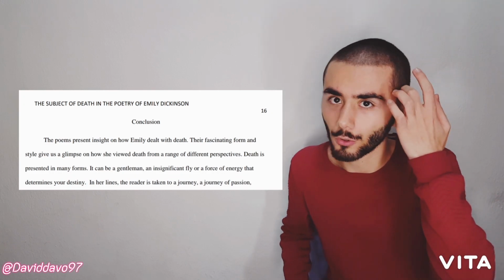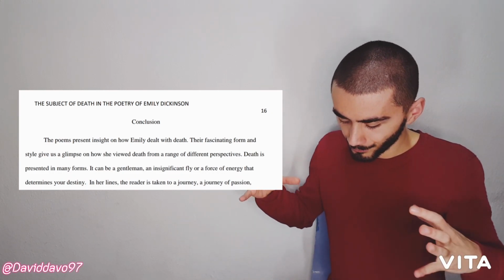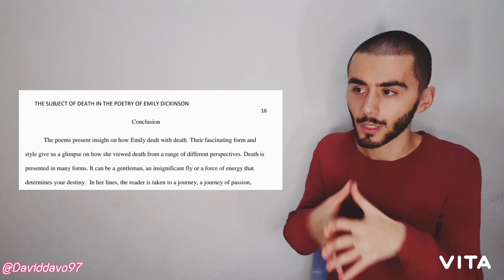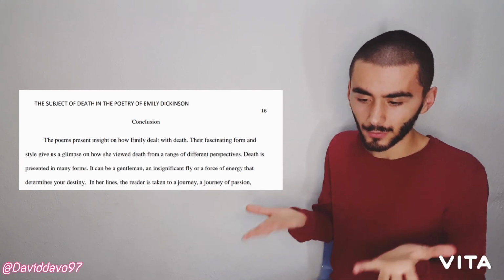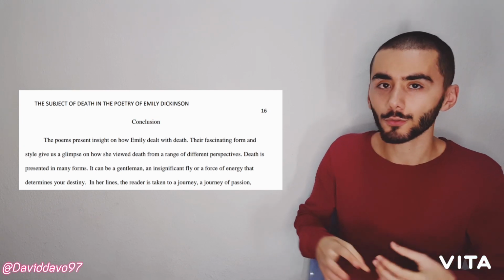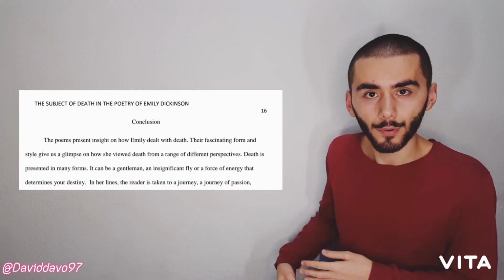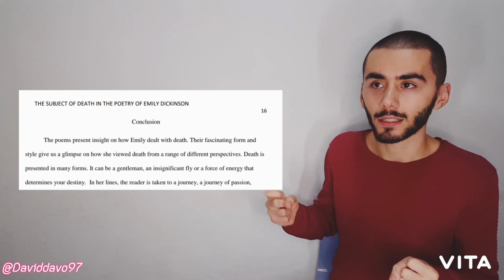But additionally to that, of course, we have, again, finally the conclusion, which should be very, very simple. A paragraph of 6 to 7 lines, I think, should be enough, because you're trying to restate what you said during this paper in a very summarized way.